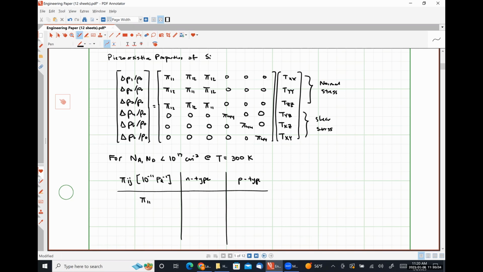Pi 1,1 will have a value of negative 102.2. And for P-type crystals, it'll have a value of positive 6.6. Pi 1,2 will have a value of approximately 53.4. For P-type, it'll be negative 1.1.